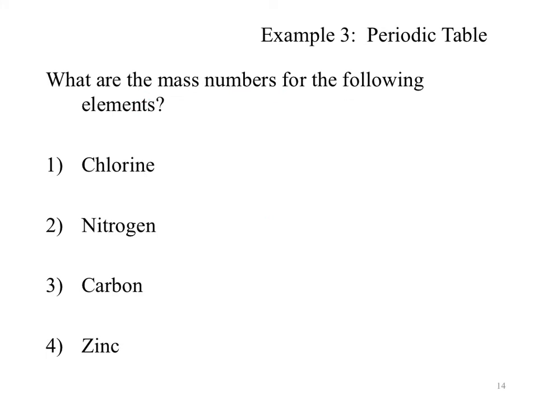All right. What are the mass numbers for the following? Would you be able to calculate the mass numbers for the elements from the periodic table? The answer to that is no. Mass numbers are nothing but the number of protons and neutrons put together. In a question like that, you would need, like I said, the number of neutrons and protons both in order to figure that for a specific isotope.